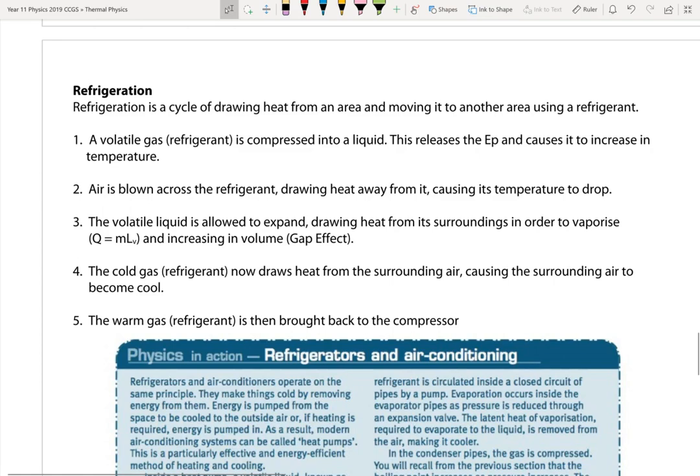Then let that heat get removed some way into the environment. And then allow that gas to do work on the system. And then it's going to cool down. And so if we can get the cool gas to somehow enter the classroom, we will get the cooling effect inside the room, and the heat that we got rid of is just thrown outside the classroom.